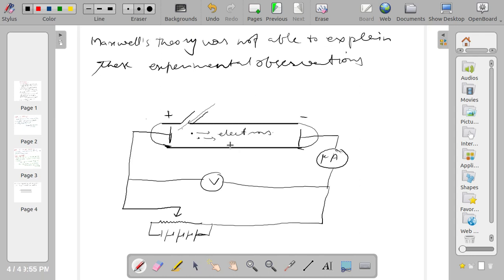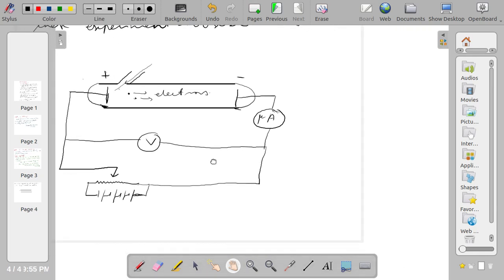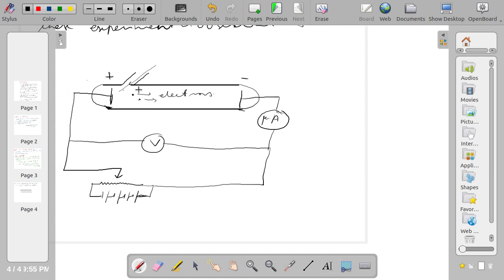So what are the observations? Let us have a look. As the intensity of radiation increases, the photocurrent also increases, and it is a straight line curve.